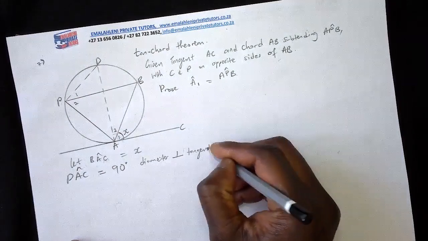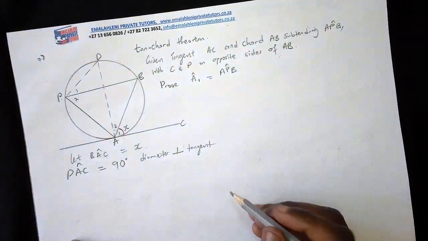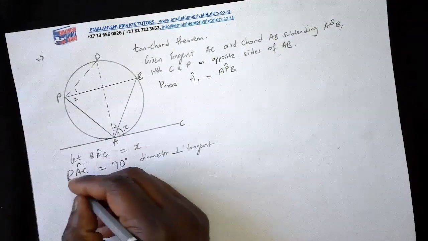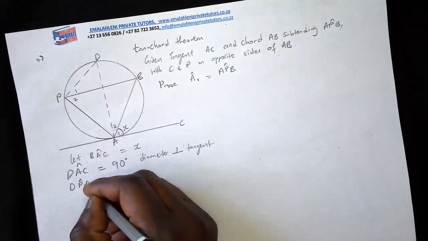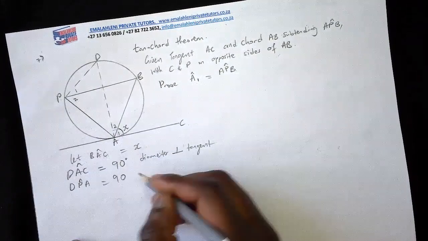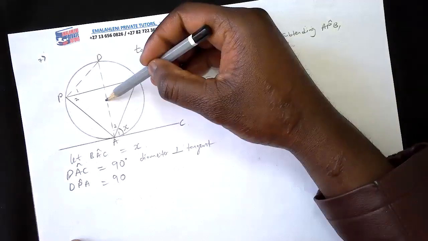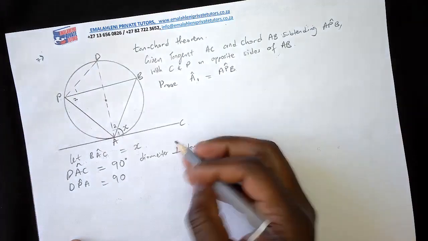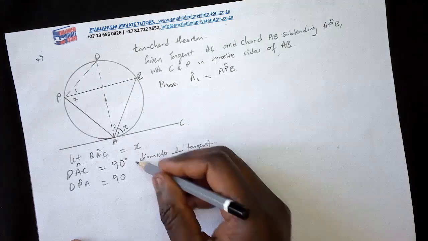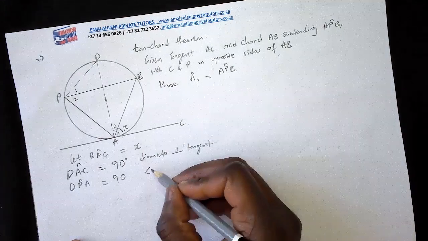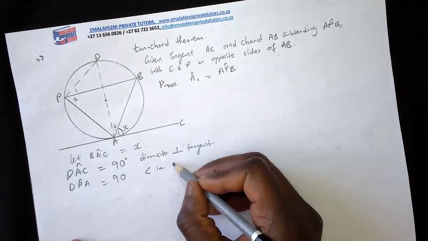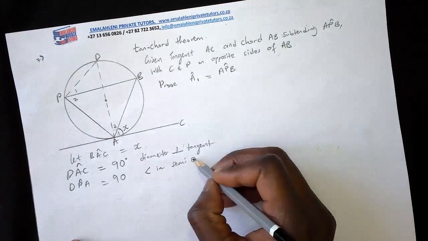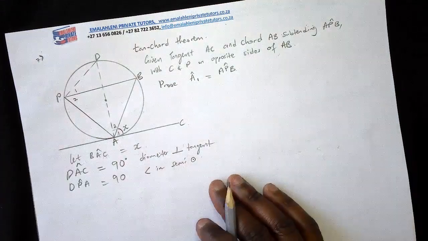We know that. Then angle DPA is equal to 90, because this is a diameter, so it is an angle in a semicircle, and that is 90.